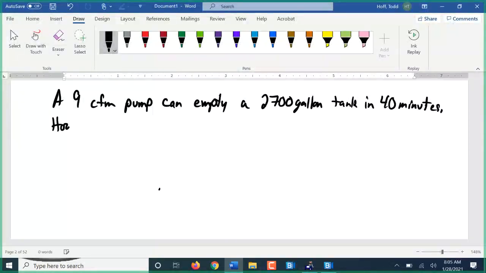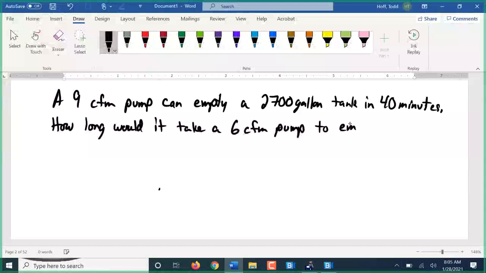How long would it take a 6 CFM pump to empty a, let's go 4,050 gallon tank?